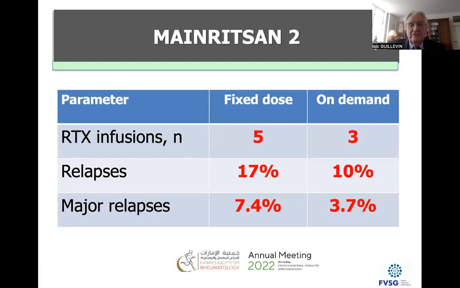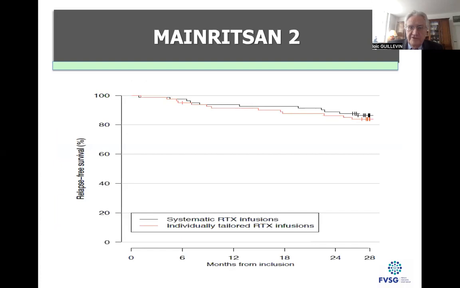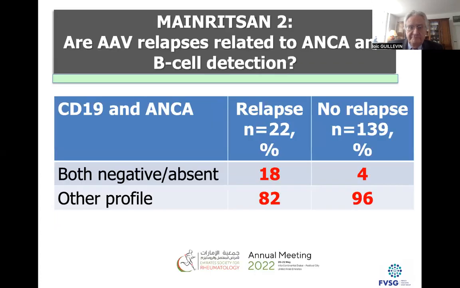And the results, of course, showed a clear difference. The number of infusions on demand was 3 on approximately 2 years, and in the fixed dose 5. And the difference between the number of relapses and major relapses is not different between groups. And the survival is excellent.